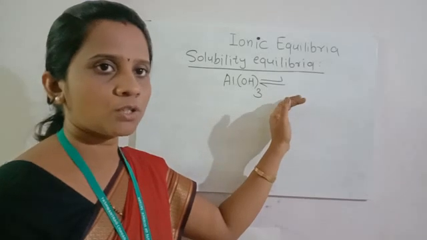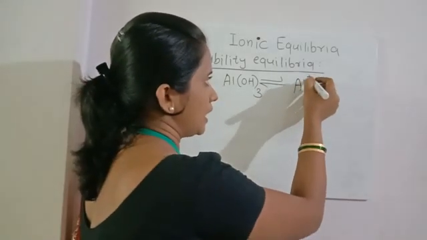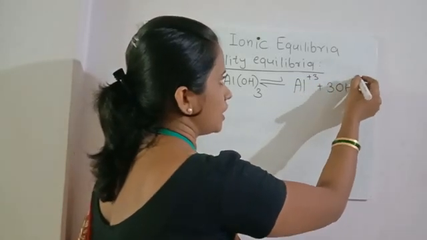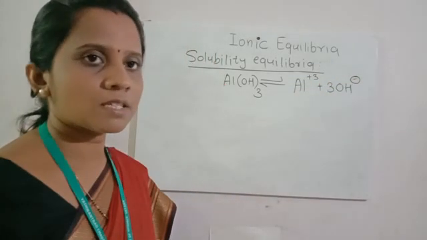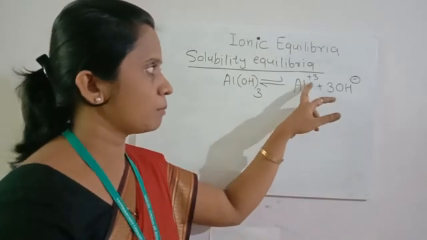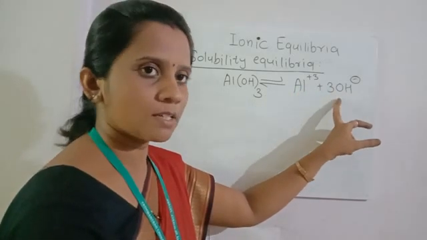The dissociation of this takes place as Al plus 3 plus 3 OH minus. Here what are the coefficients? For Al plus 3 the coefficient is 1 and for OH minus it is 3.